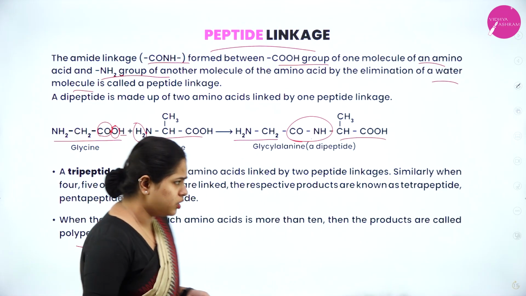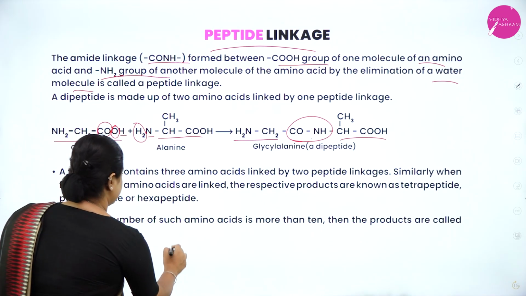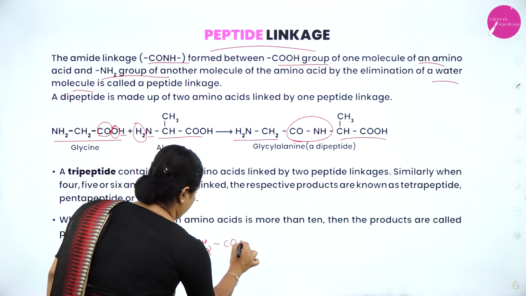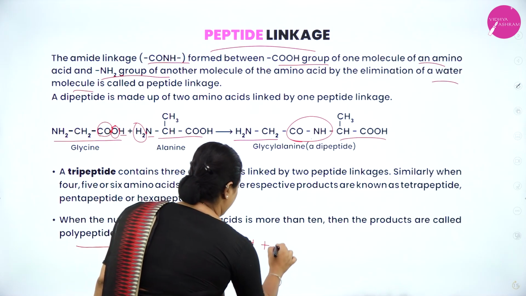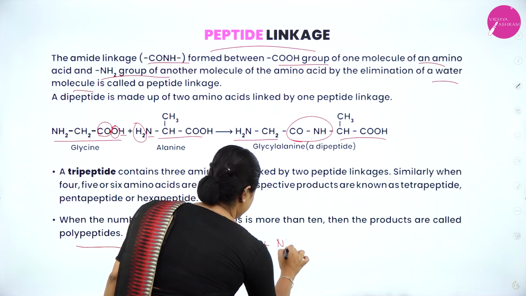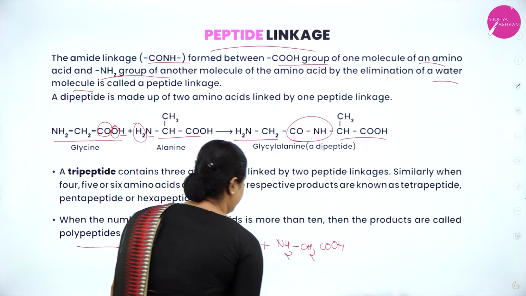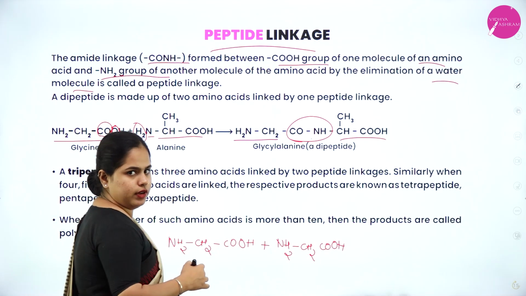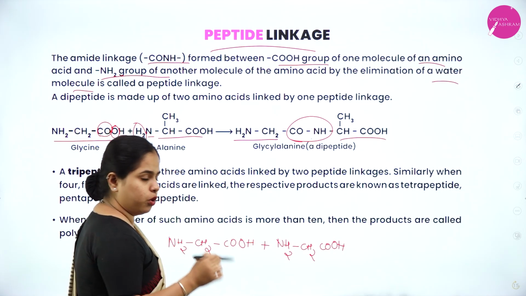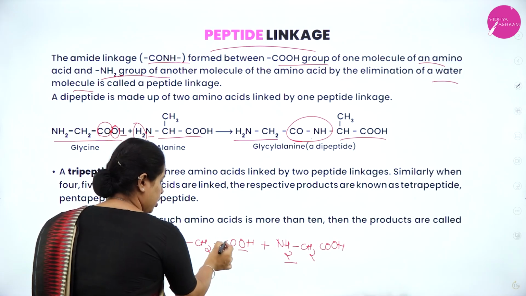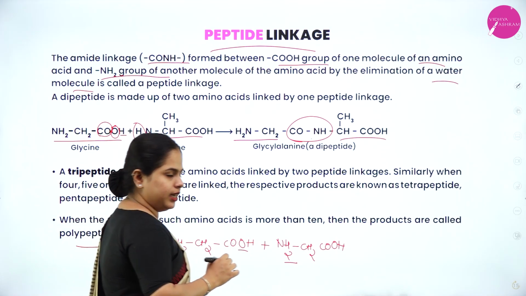Clear? So, let's take an example of 2 glycine itself. You have NH2, CH2, COOH, and you have one more molecule of NH2, CH2, COOH. So what is going to happen here? H2O will be removed and a CONH bond will be there. So you have O here and H2 here will be removed. You'll have CONH which is left behind, right?